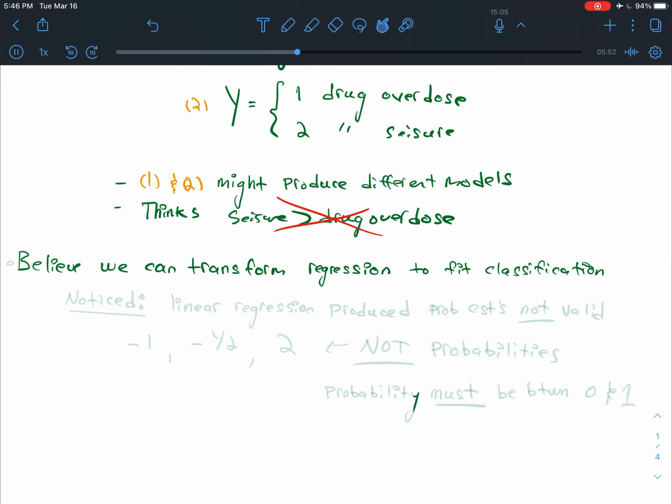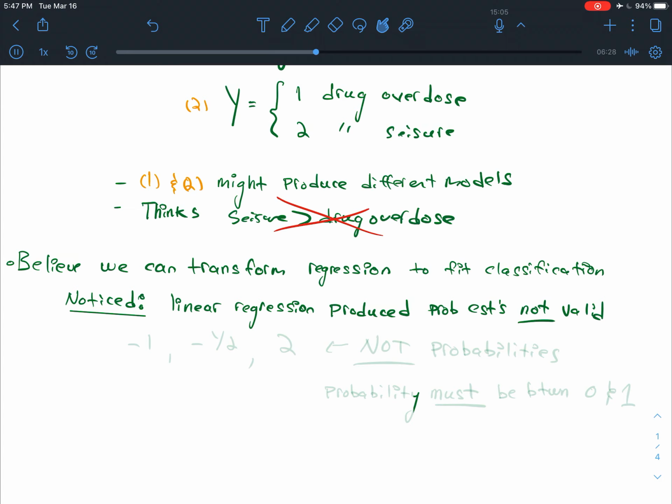There's also one other issue with linear regression that we noticed in class, and this is what we're going to heavily use when making this transformation. This is probably the most important thing we didn't like with linear regression: it produced probability estimates that were not valid. What does that mean?